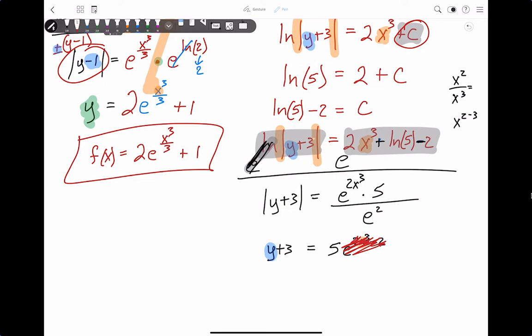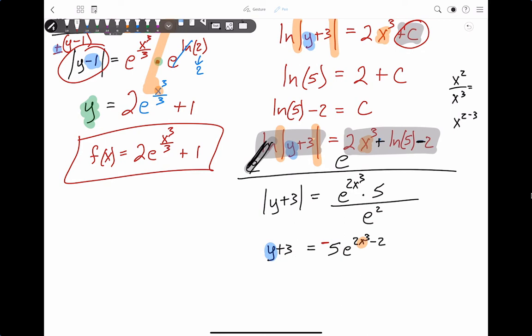Okay, so let me show you what's happening here. I'm going to say that this is either the plus or minus, like I did on the first example. And on this one, it's actually going to be the negative. Okay? Because right now, if I divide both sides by a negative, then I would get this negative 5 over here, and this would become y plus 3. So I'm almost done.